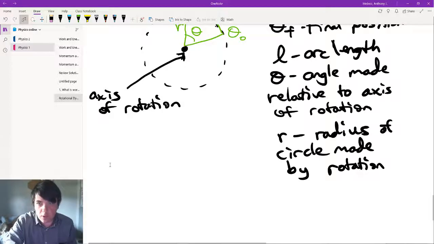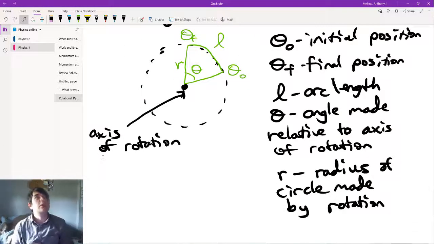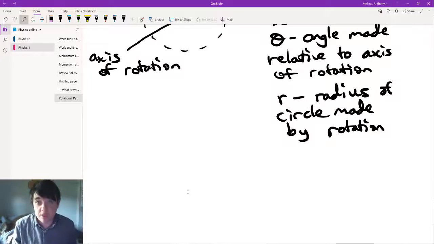Now, how do you discuss position? Well, in linear terms, you can talk about it in terms of feet, inches, right? You're like, oh, I went 12 feet, or I went 30 feet, or I went 100 inches. Or maybe you're talking about long distance, in terms of light years. But we use the SI unit of meters.